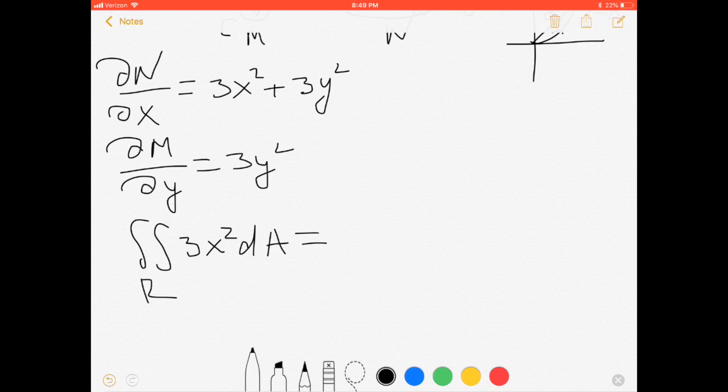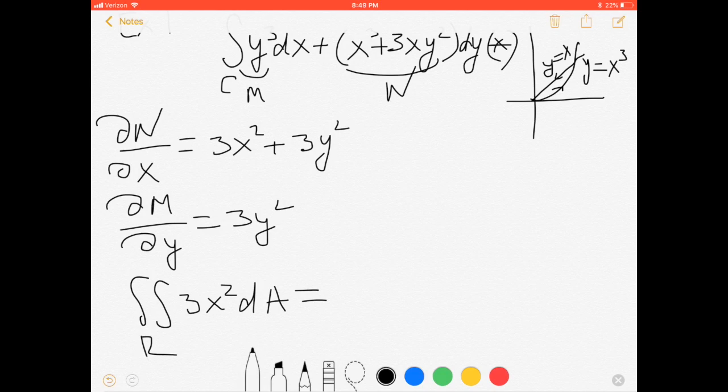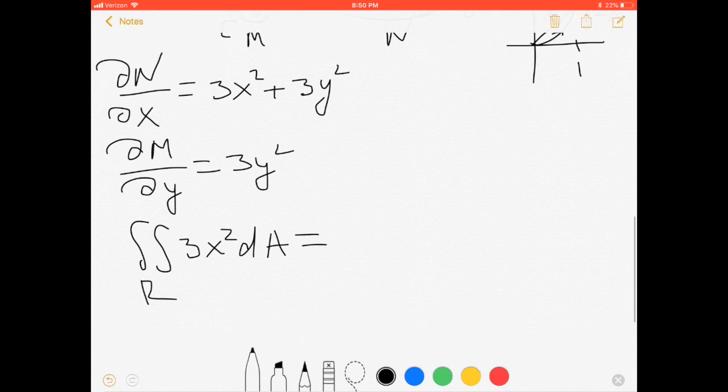Now we need to remember, looking at our region, what you have here. The intersection point is 1. This means x is changing from 0 to 1, and y changes from a piece of the curve y equals x cubed to the line y equals x.